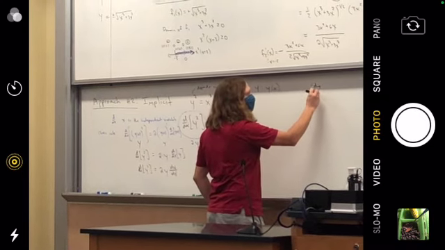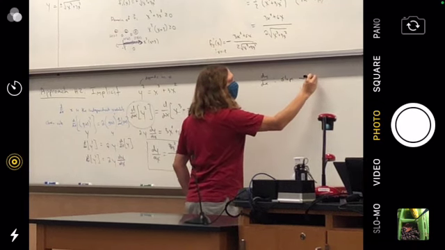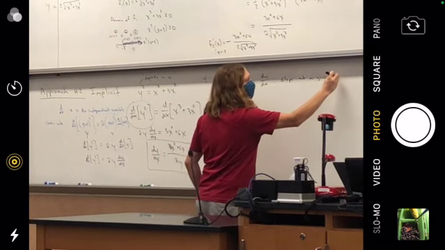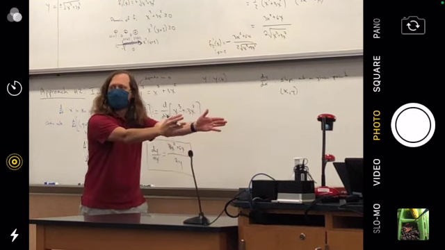So dy/dx using implicit differentiation is the slope at a given point (x, y). I have two inputs.